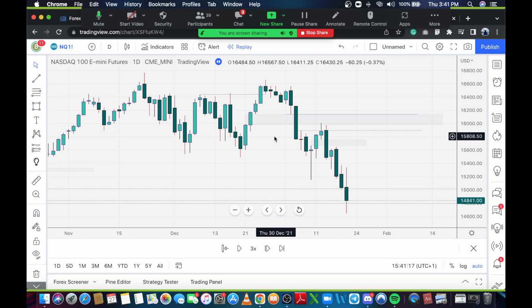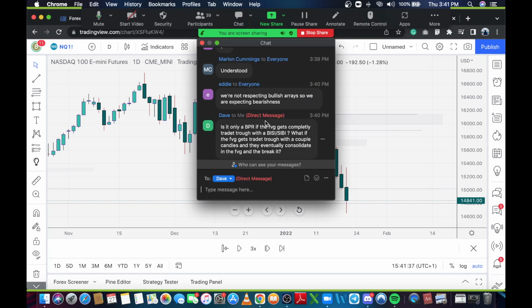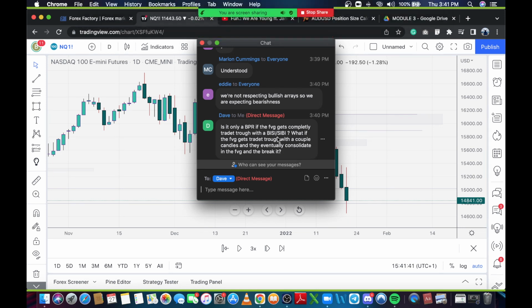Remember, go back to our definition of order flow. Order flow is the way the market respects premium rates or discount rates. So this is a discount rate. If we see the market trade through this at a discount, it shows no willingness at all to respect buy side. And that's why I call this a change in delivery state. We've changed delivery state. There's no BPR if the fair value gap is traded through.